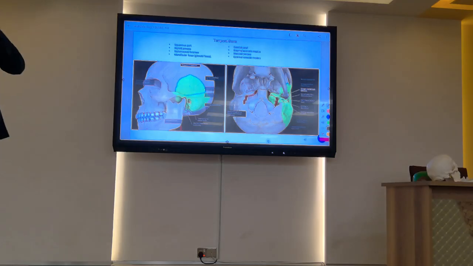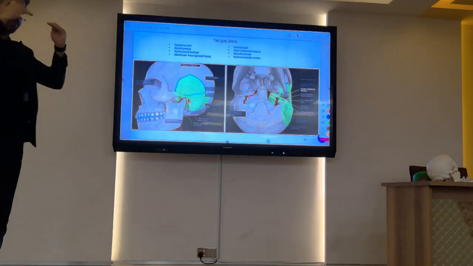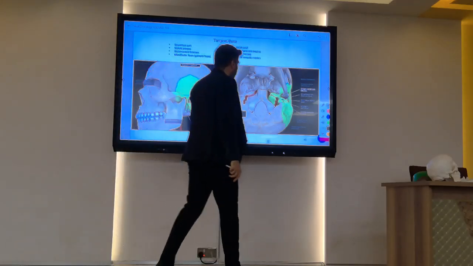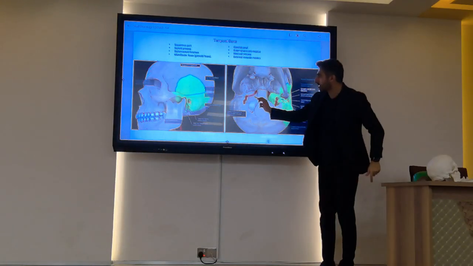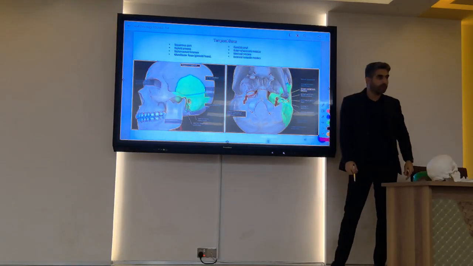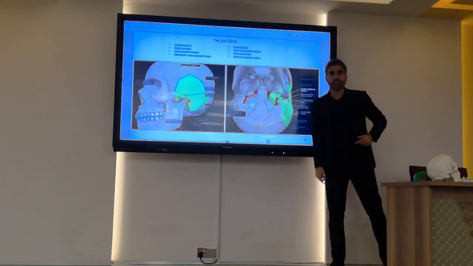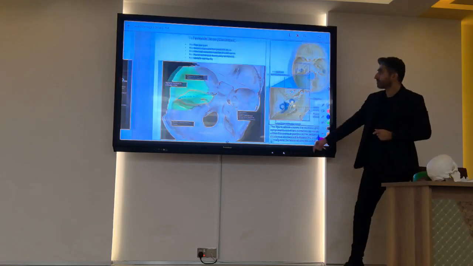So it has some parts in the carotid canal, in the petrous part, passing here. You can see in this picture completely. I'm talking about this part, passing inside of the petrous part.